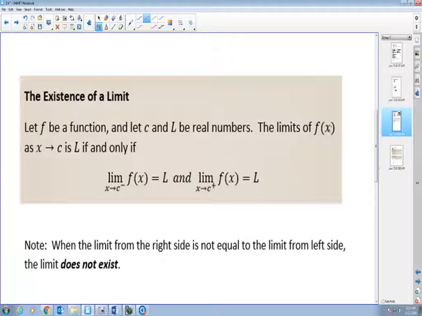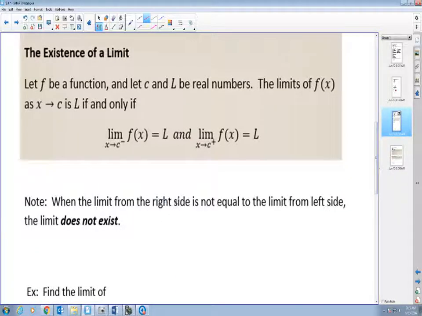The limit of the function as x approaches c is L if and only if the limit as x approaches c from the left equals L, and the limit from the right also equals that same number. So the limits coming from the right and left must approach the same limit for us to say there is an existence of a limit.